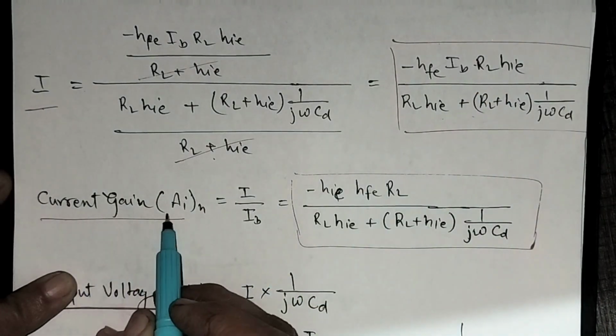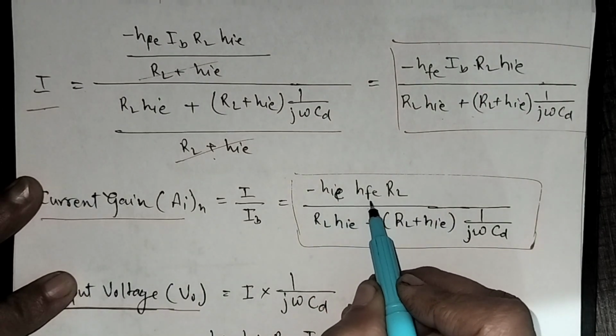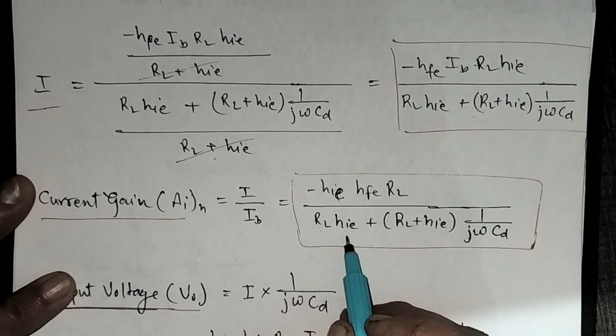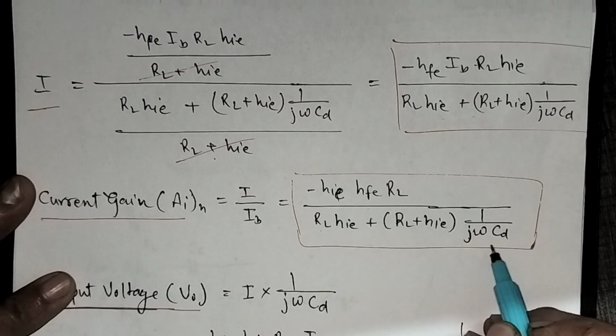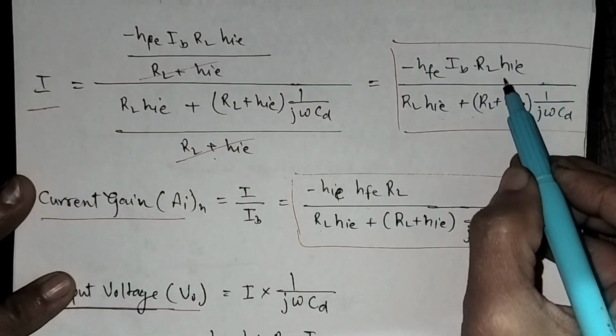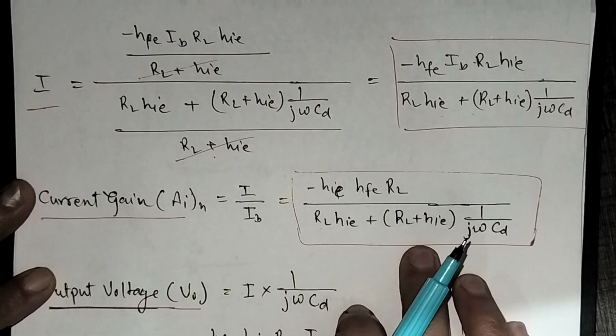So the value of the current gain will be minus HIE into HFE into RL upon RL into HIE plus RL plus HIE into 1 upon j omega CD, meaning only this is cancelled out and all the terms are as they are. So the value of the current gain will be this.